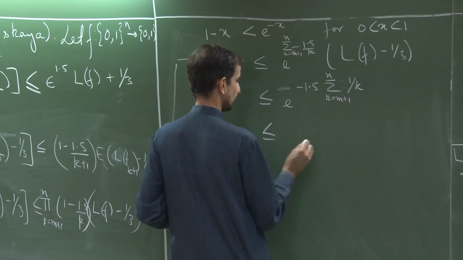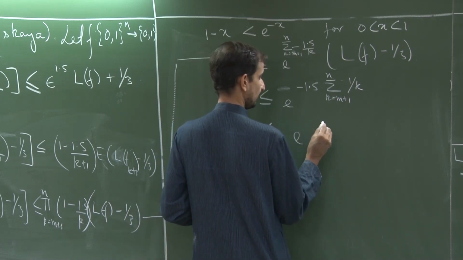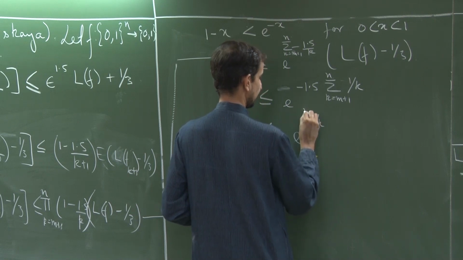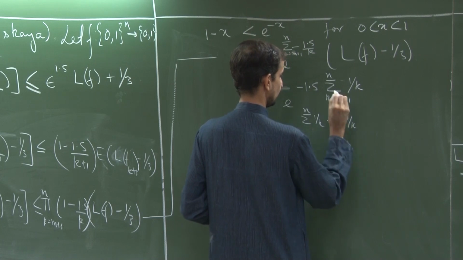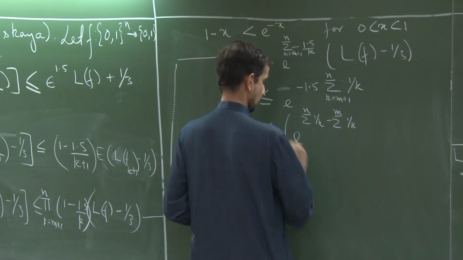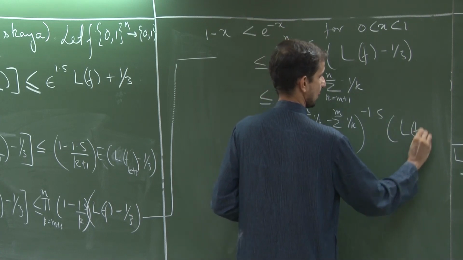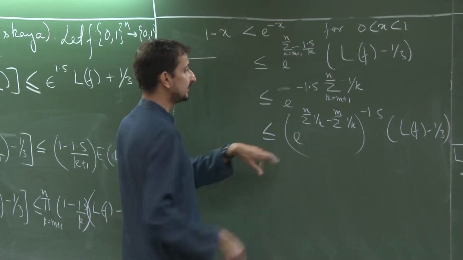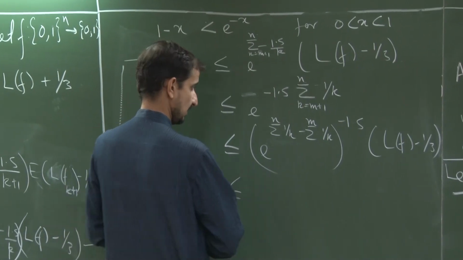So, I will just use the inequality e to the power, sigma 1 over k going up to n minus sigma 1 over k going up to m, whole to the power minus 1.5 times L of f minus 1/3. This quantity is upper bounded by ln of n.